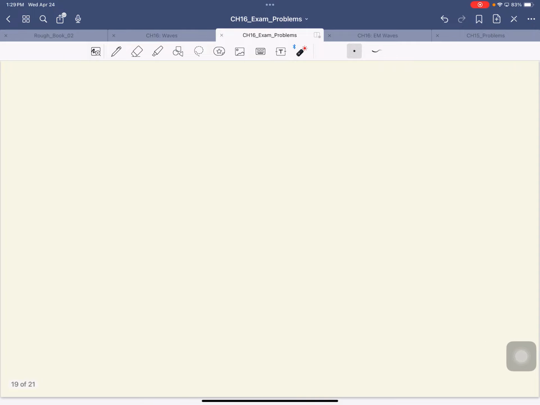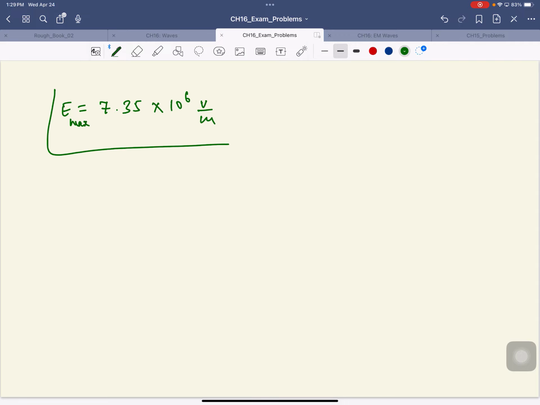So the amplitude of the electric field of the light beam is 7.35 times 10 to the 6 volt per meter.